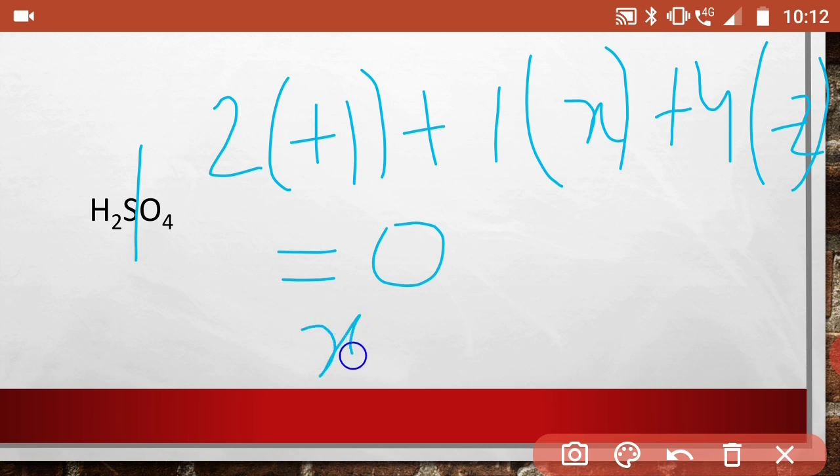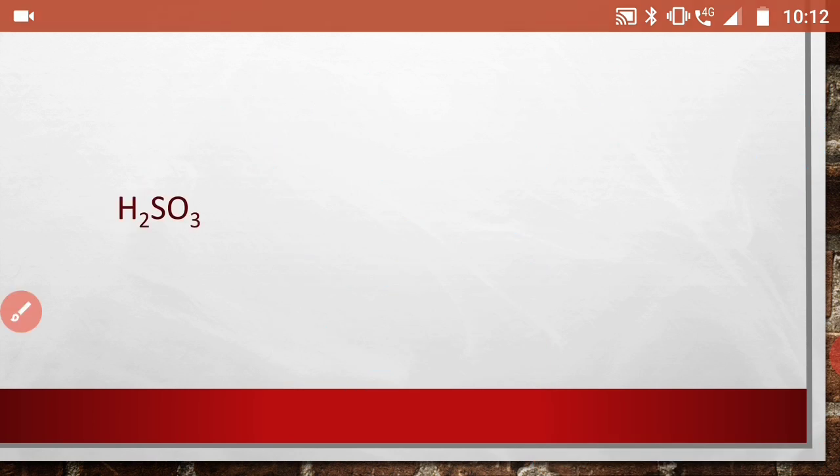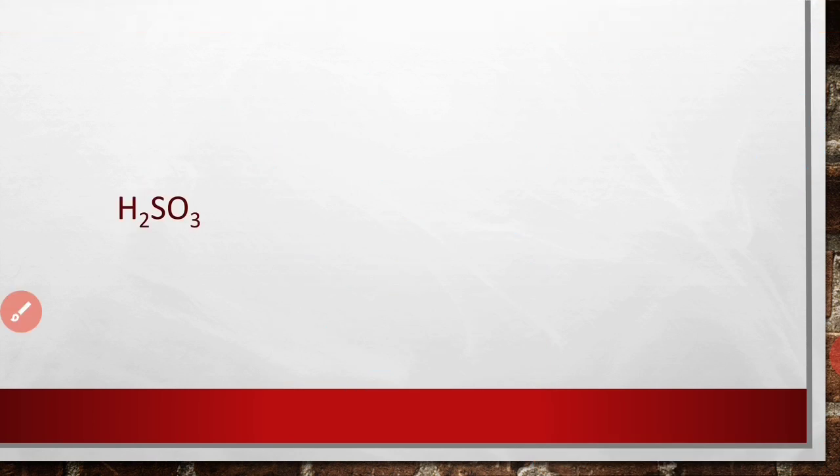So the oxidation state we have evaluated for S is 6. So this is the simple method from which we can easily calculate the oxidation state of sulfur or any atom in any molecule. Okay, next H2SO3, that is sulfurous acid.